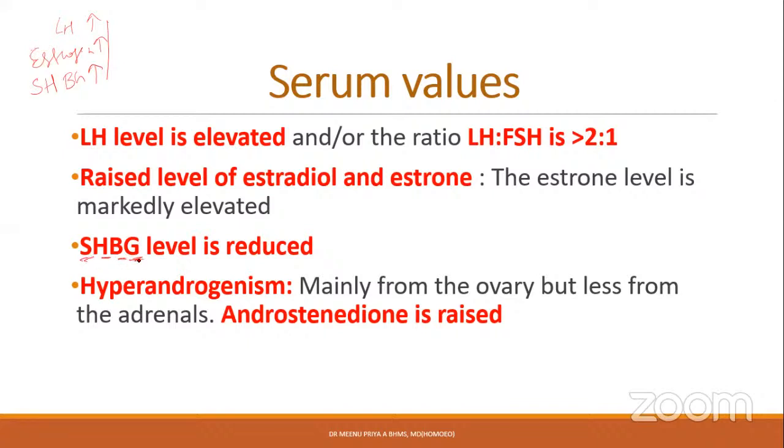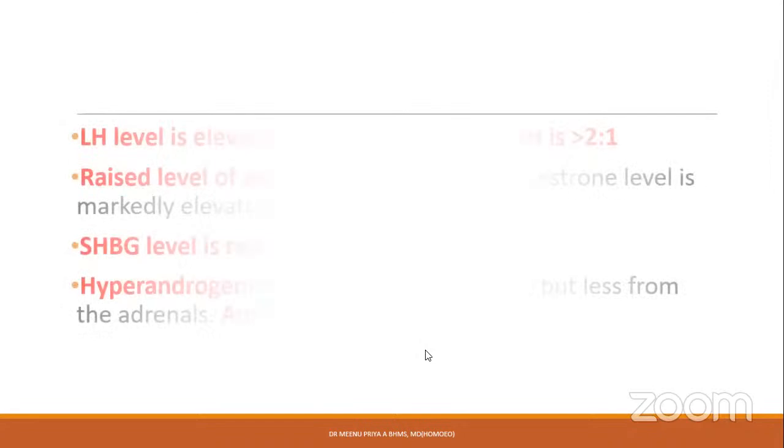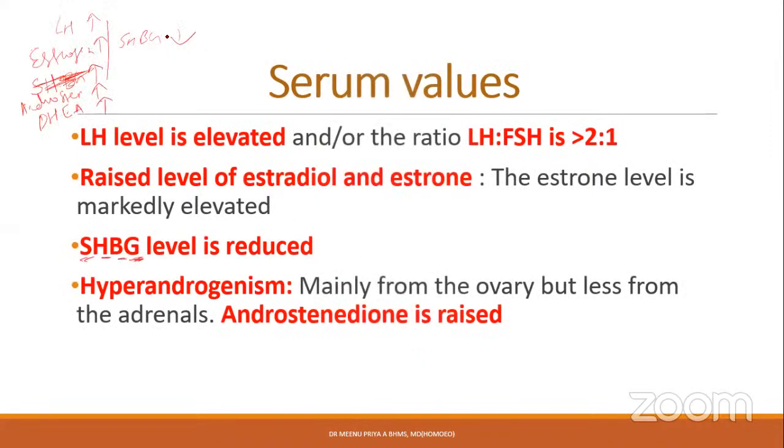Sorry, it is reduced. SHBG is reduced. Hyperandrogenism: androstenedione is increased. And there is something called DHEA, that is also raised. So SHBG is decreased, FSH is decreased.